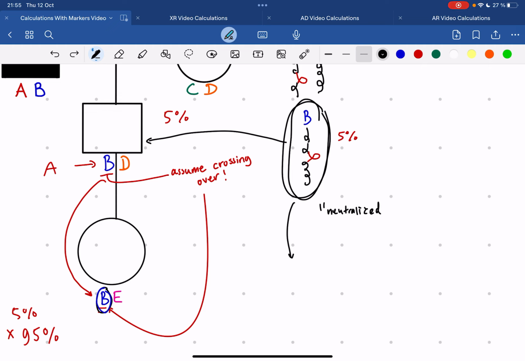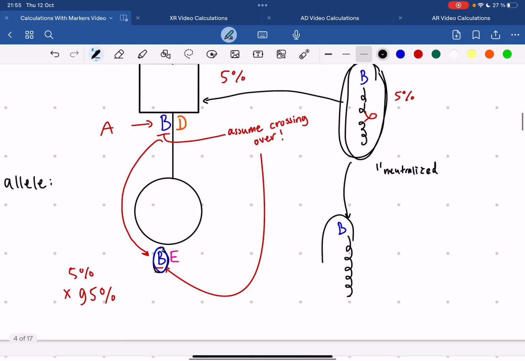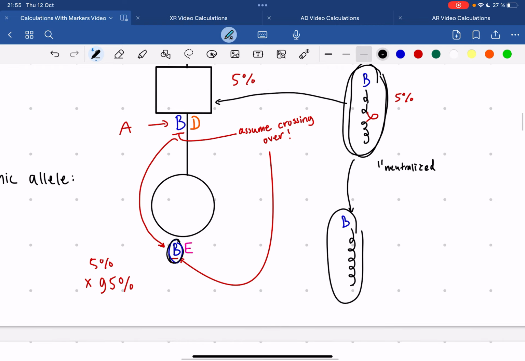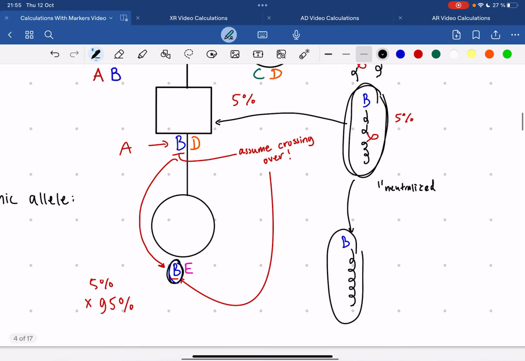So now instead of that B looking like that, we can have a B that looks like this. So we have to take into account that another crossing over has occurred here, which means that we have a pretty high chance that this B is actually just a normal B.